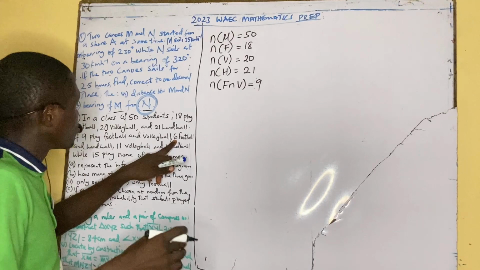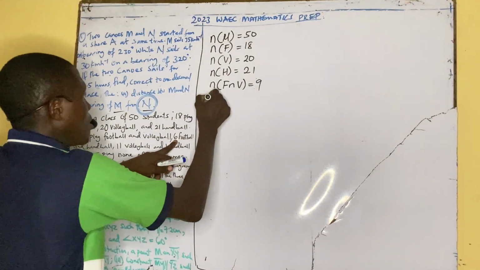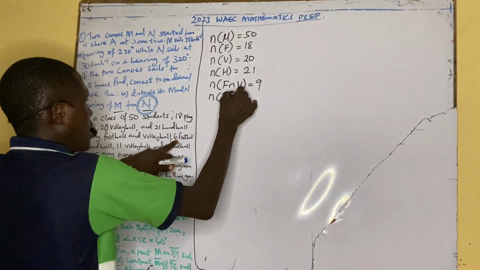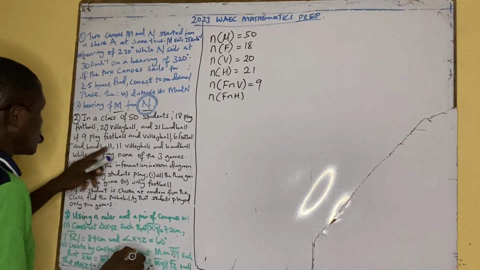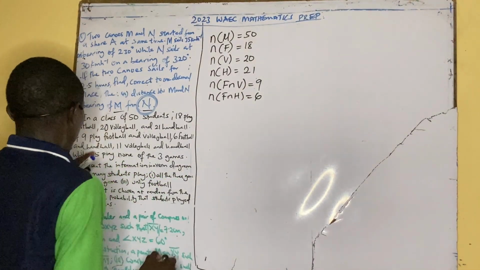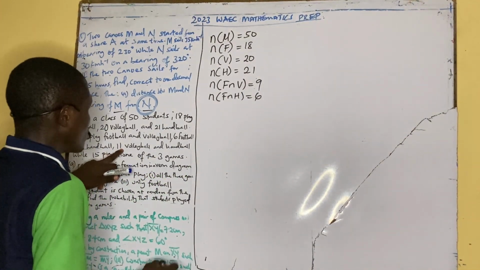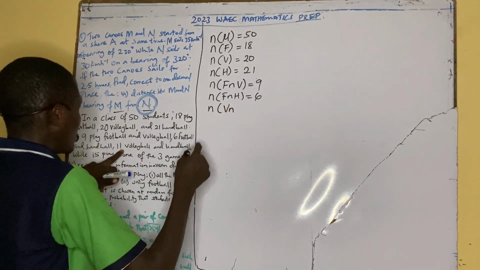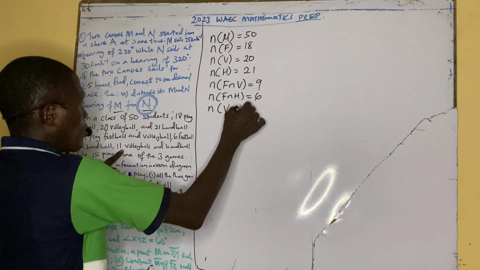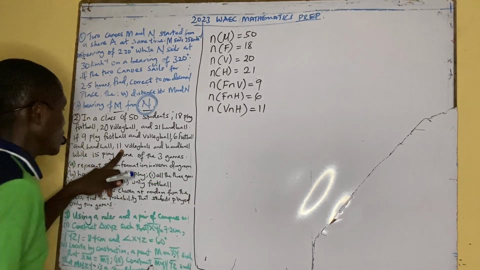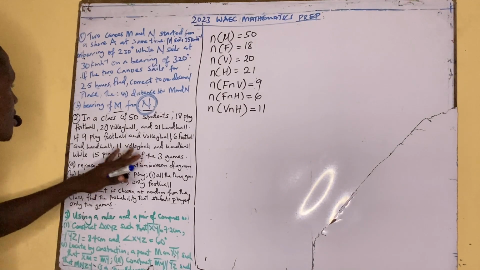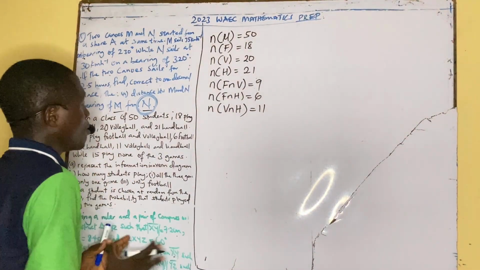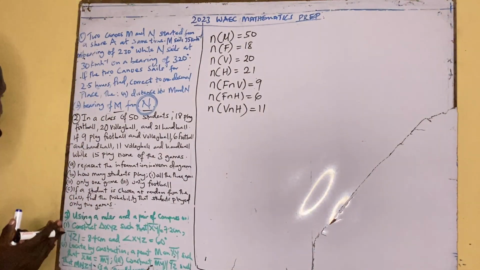Football and volleyball is 9. While 6 football and handball, that is the intersection of football and handball, which is 6. We have 11 volleyball and handball, that is the intersection of volleyball and handball, which is 11. So that's that about the list of items given.